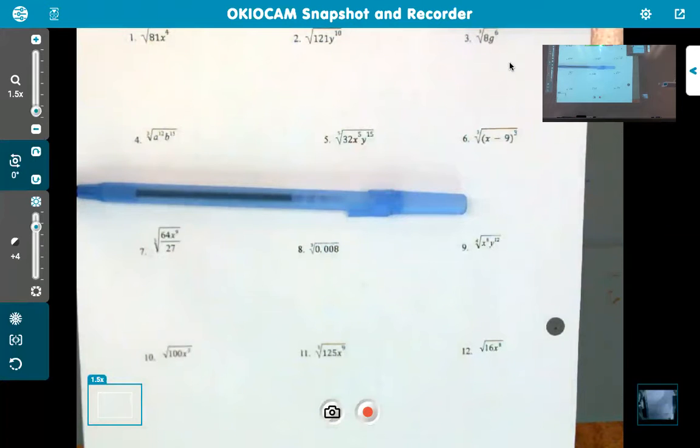Then shift, and this one over here. So type in 5, then 32.